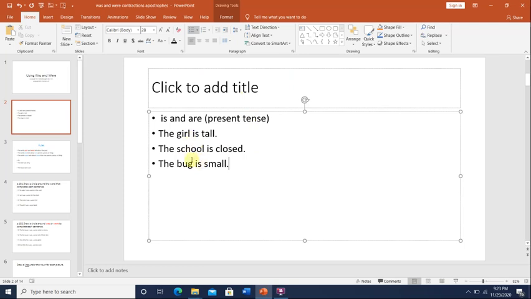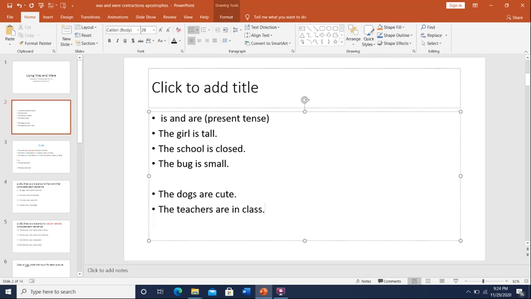When do we use is and when do we use are? We use is when we tell about one person or place or thing. And we use are when we tell about more than one person, place, or thing. The dogs are cute. The teachers are in class.